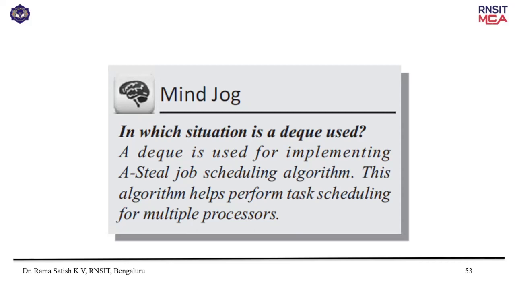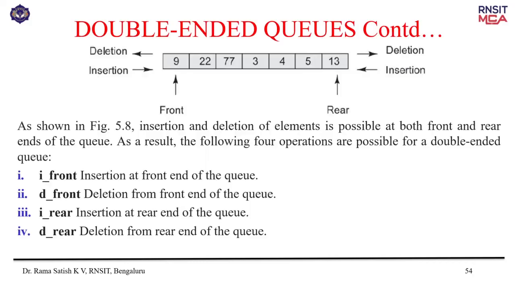So for many processes, you can use the same double-ended queue for insertion and deletion. That is very common.